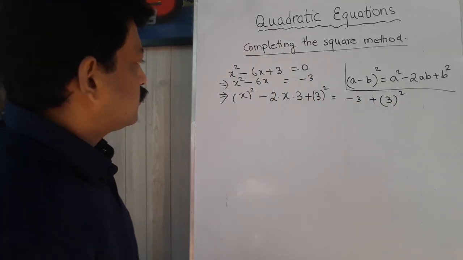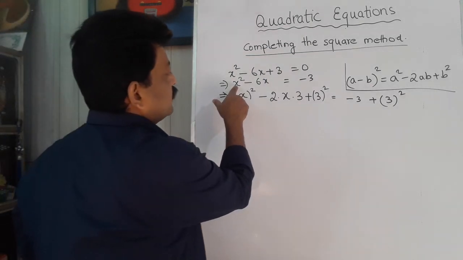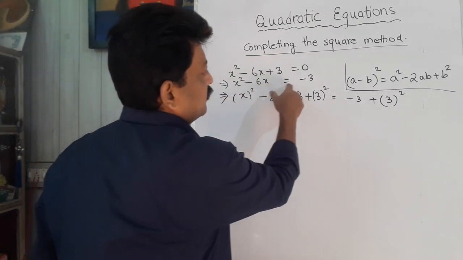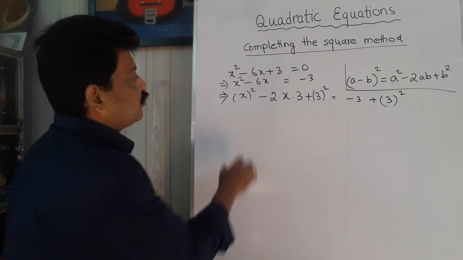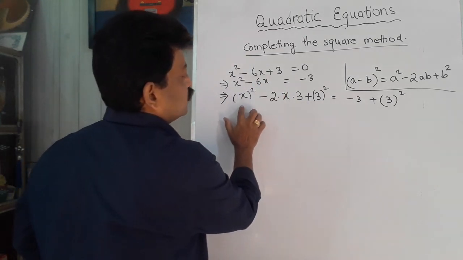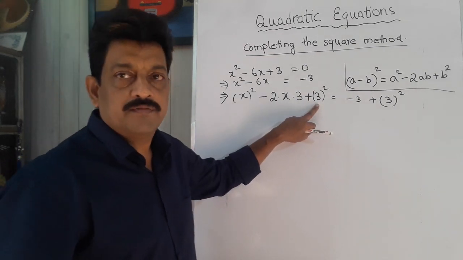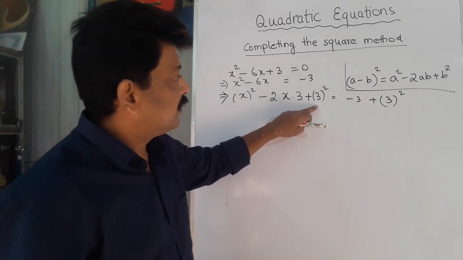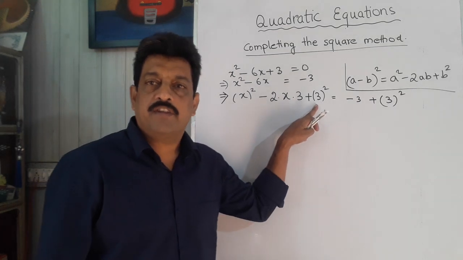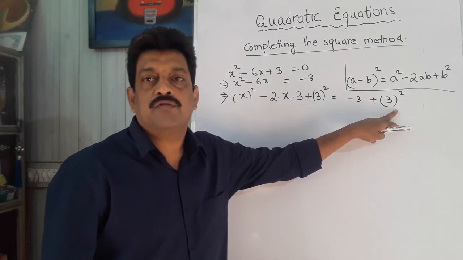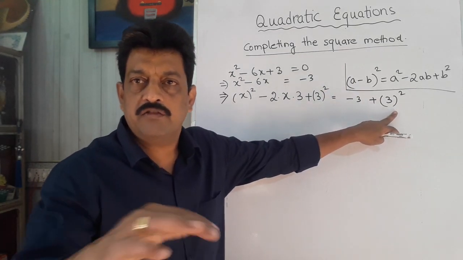Just let me explain it once more. In the left hand side it was x square minus 6x, and the right hand side is minus 3. To make it in the form of a square minus 2ab plus b square, I have added 3 square here to the left hand side, and since it is added to the left hand side, it must be added to the right hand side also to make it equivalent.